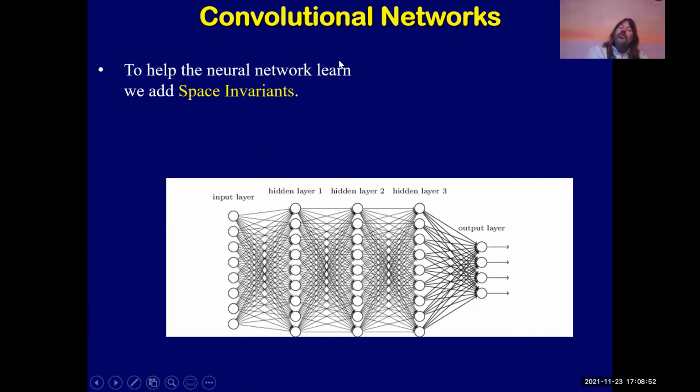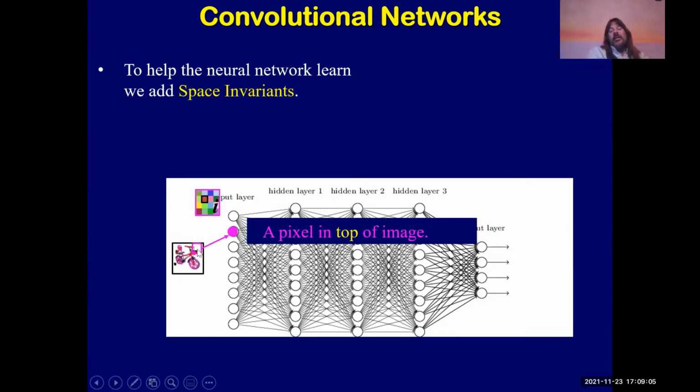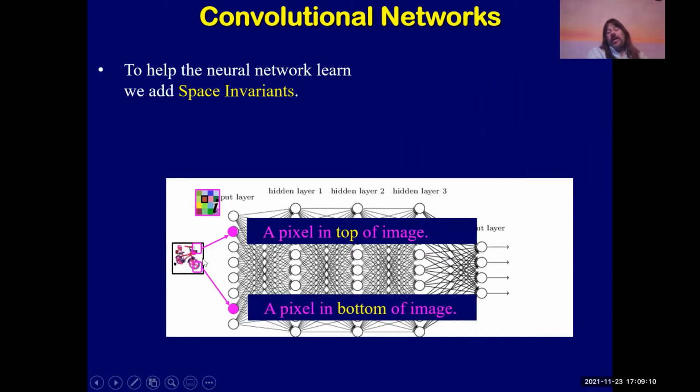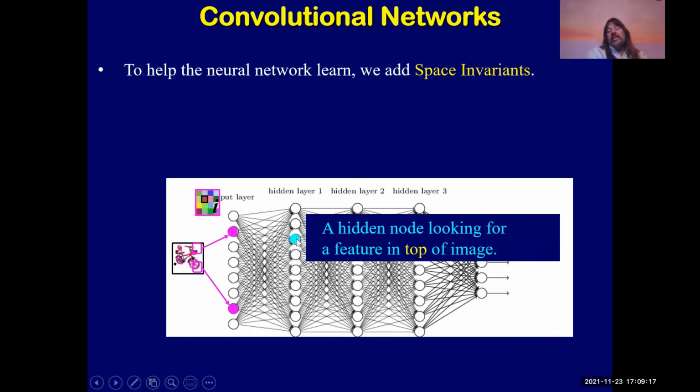So how would we do space convolutions, space invariance? Well, here's an image of a bicycle that we want to recognize, and the pixels at the top of the image are going to that node, and the pixels at the bottom of the image are going to this node, and then there's some hidden node in here which is supposed to say, hey, I'm looking for some feature, maybe a cat, or maybe some smaller feature like an edge.